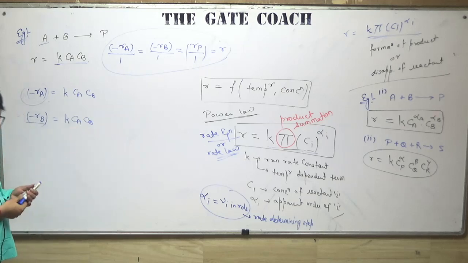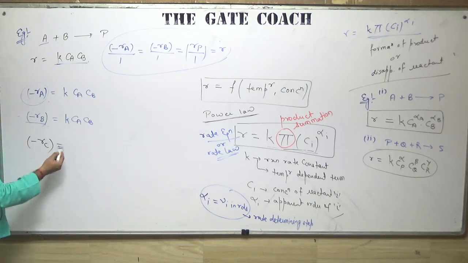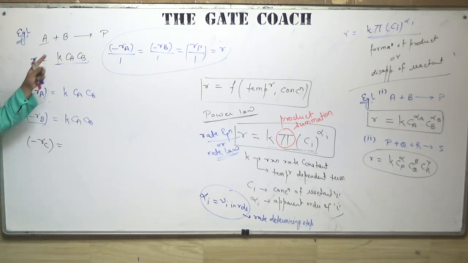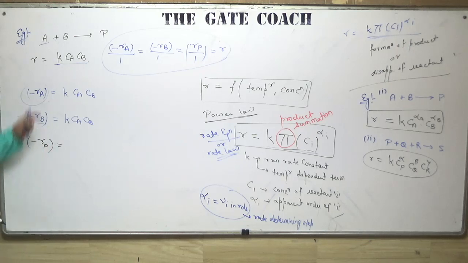But if you want to write down the rate in terms of disappearance of P, let's say minus r_P, we know that P is the product, so it will appear during the reaction.